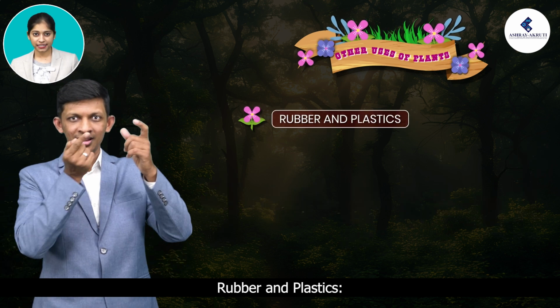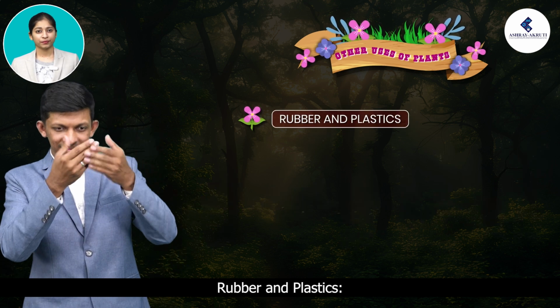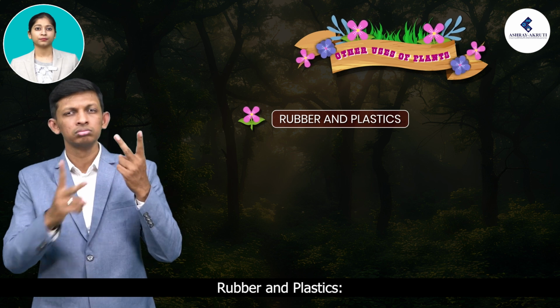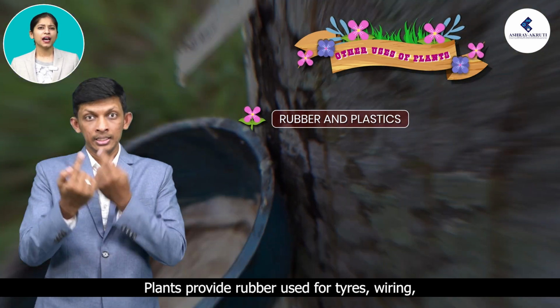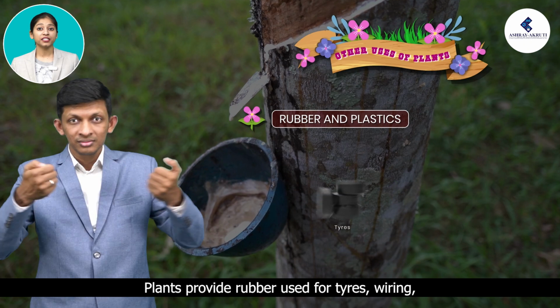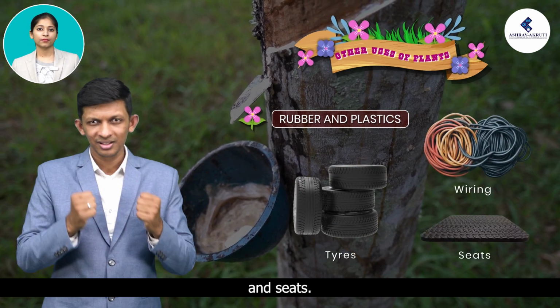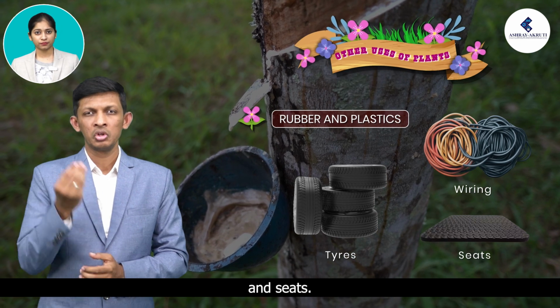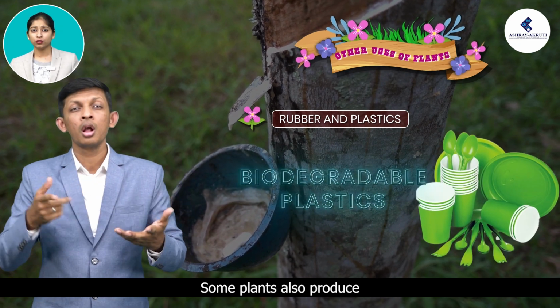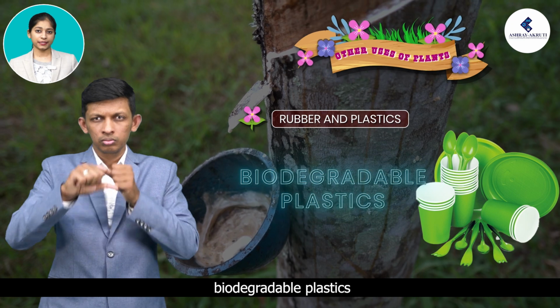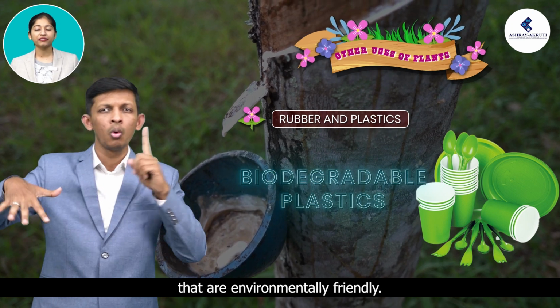Rubber and plastics. Plants provide rubber used for tires, wiring, and seats. Some plants also produce biodegradable plastics that are environmentally friendly.